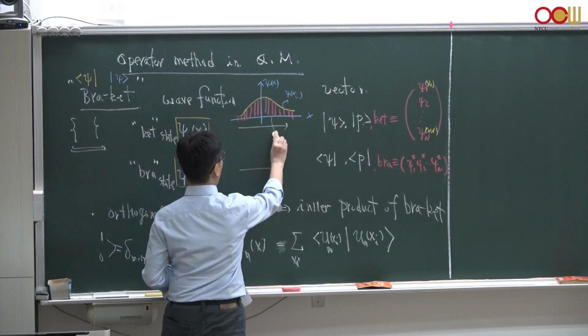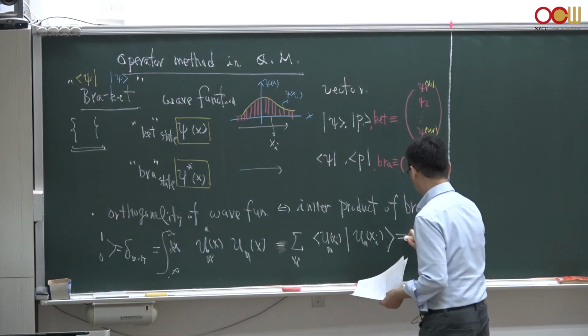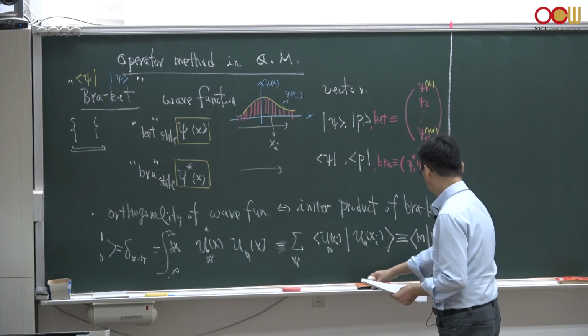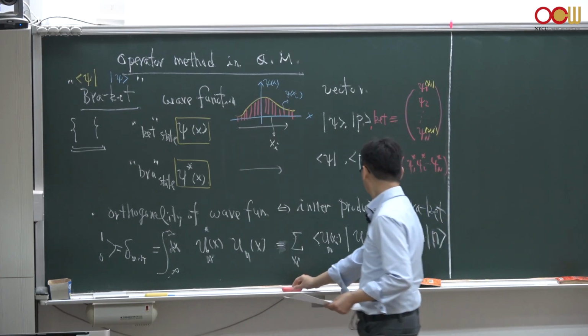And you sum over all these discrete points xi. And I can define this with a very simple notation, which is nothing but the bracket notation, right?